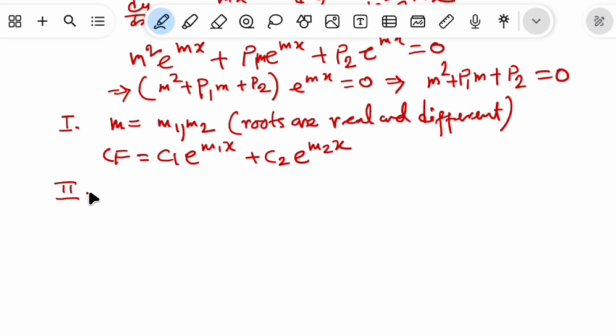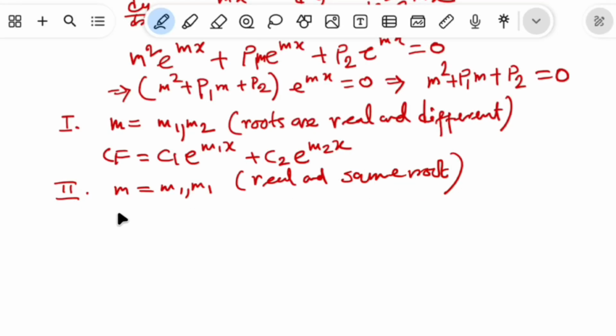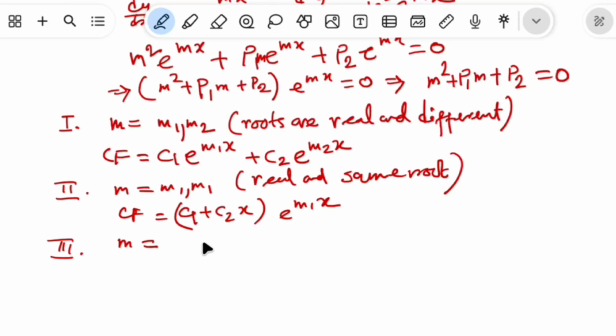Now the second type, suppose m equals to m1, m1. That means we have real and same root. Then CF is nothing but (C1 plus C2 x) into e^(m1 x). And the third type is, suppose we are getting complex number alpha plus minus i beta.